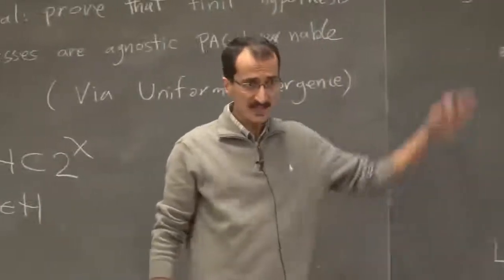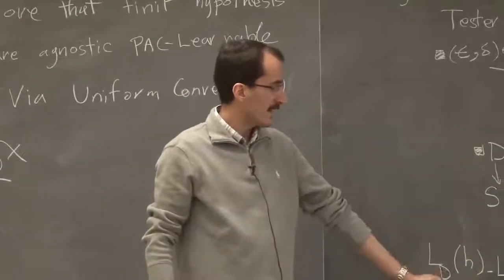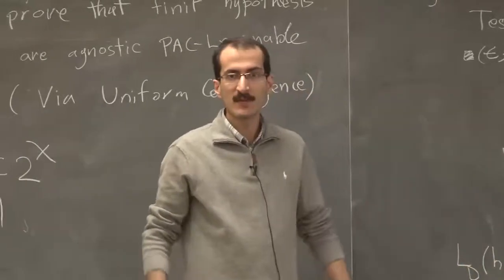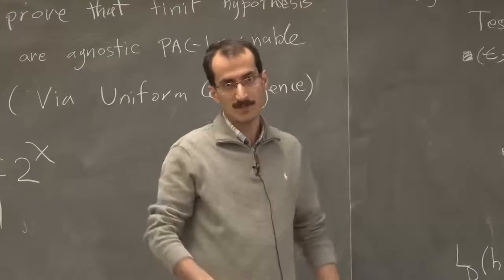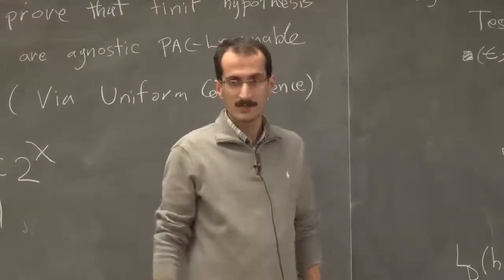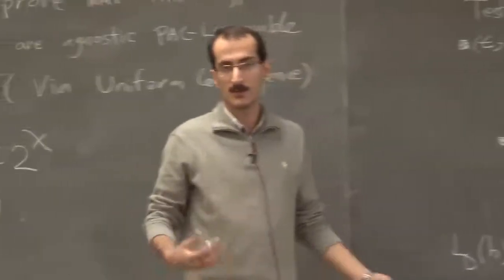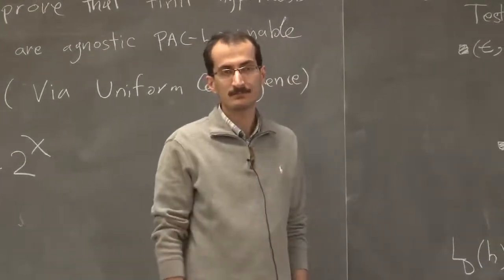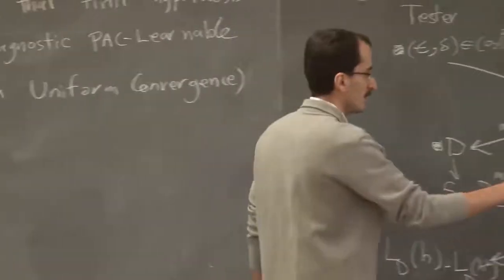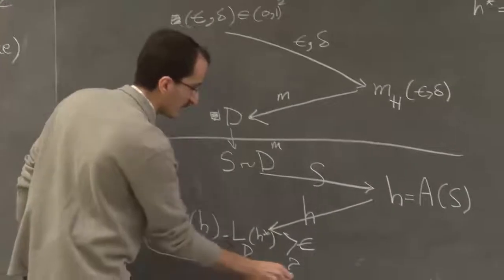So if we draw samples and test the learner, sometimes it fails. The error will be more than epsilon. Sometimes the difference from the best possible will be more than epsilon. Sometimes it will not fail. And now we count the number of times that it failed.